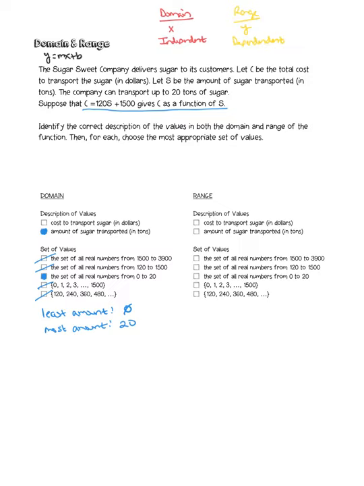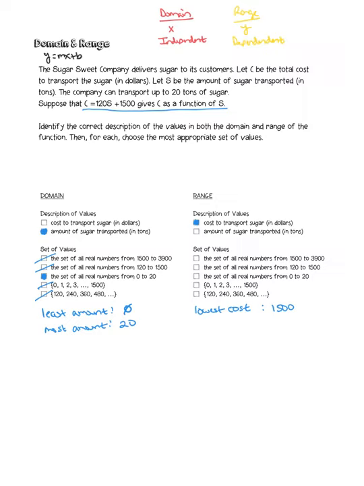Now let's look at the range. Well, if you get domain right, you're going to get range right, because range is the other one. The range is the output, the cost to transport the sugar. Now the least amount of sugar transported is 0 tons. So the lowest cost is what you get when you plug in 0. For 0 tons of sugar, that's $1,500, probably truck maintenance.